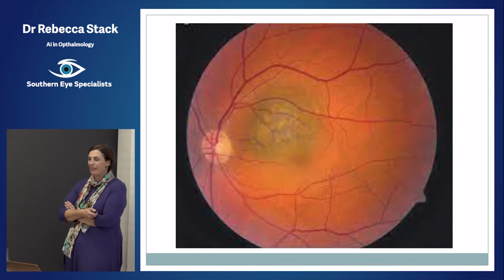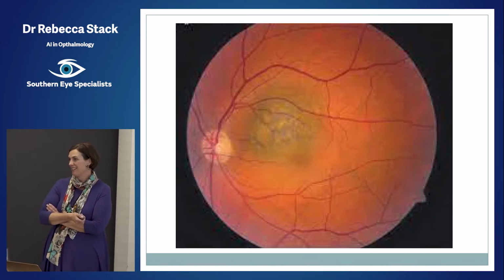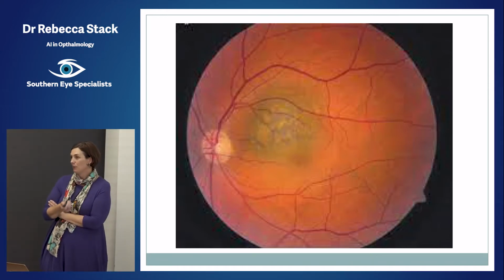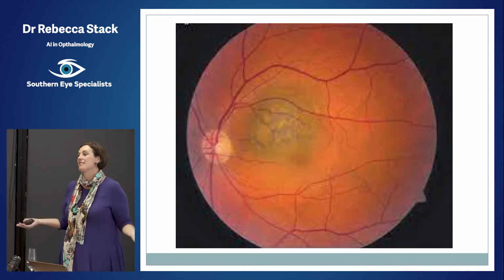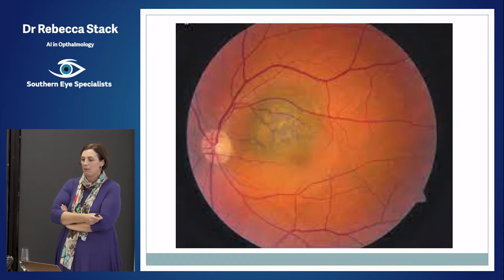Okay, so I'm sure that you all know that this is either a really, really big nevus or a melanoma. And of course the challenge with all of these pigmented lesions is to work out exactly the same thing. Is this a nevus or is this a melanoma? So we come up with all these acronyms.